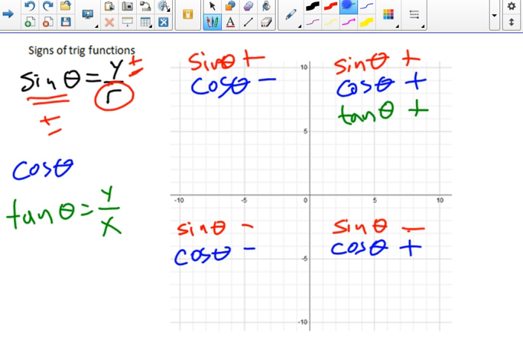Well, that would be the third quadrant. Some people think everything should be negative in the third one. No, not tangent, because tangent's going to be y over x. If they're both negative, that's a positive. So the tangent's positive in those corners, and the tangent is negative in these corners, the upper left and the lower right. Because in those, one of the two, x and y, is negative, the other is positive.